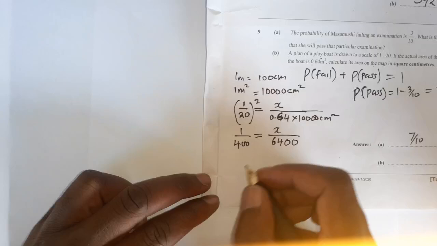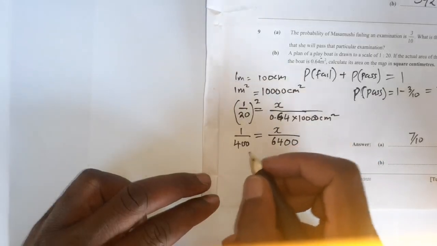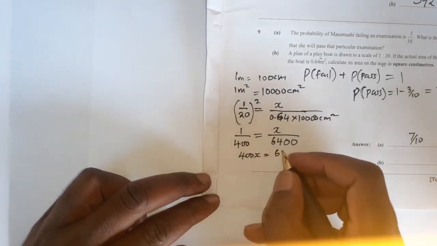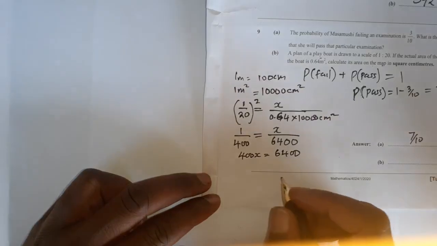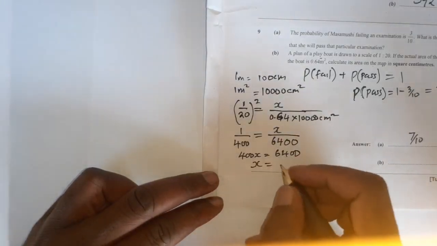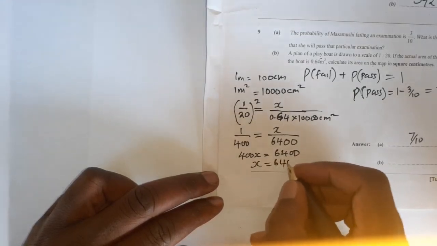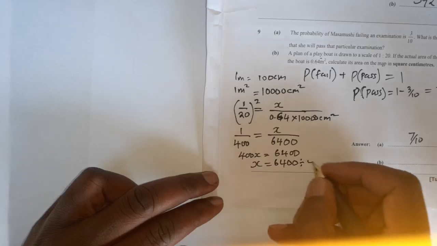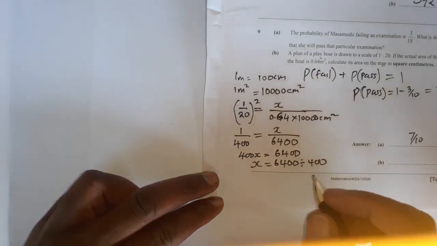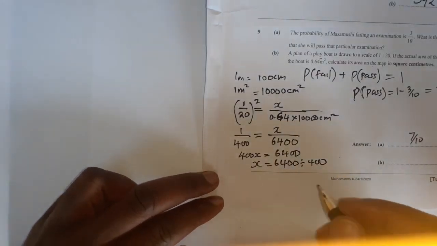At this point, you cross multiply. When you cross multiply, you're going to have 400x is equal to 6,400. So you divide both sides by 400. What do we get here?